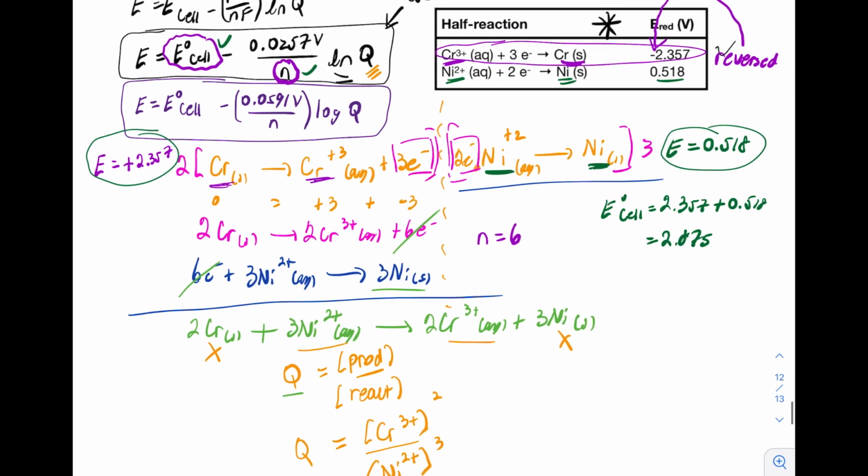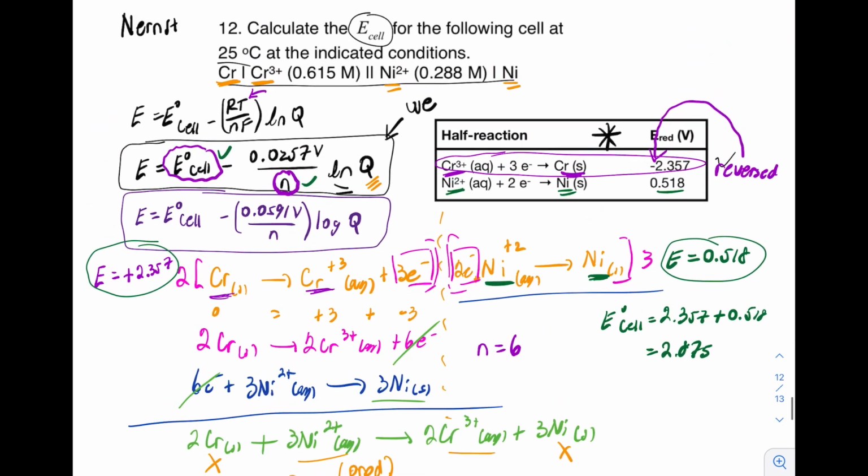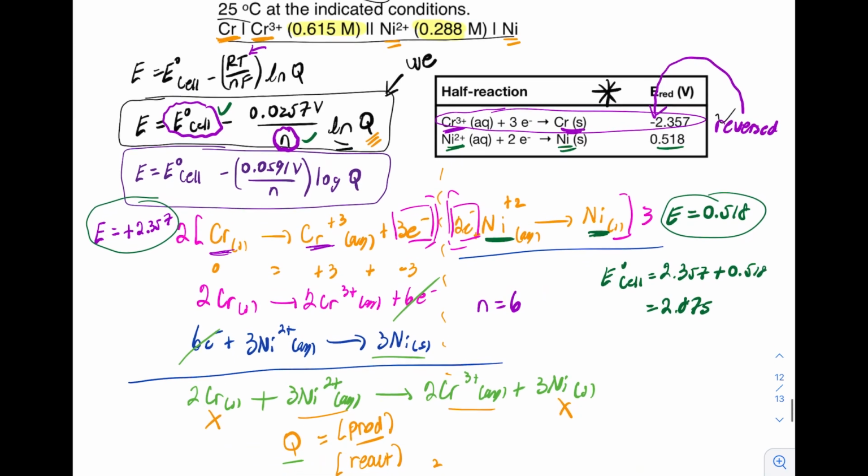Now, I need to scroll all the way up to the top to figure out what those concentrations are. I'll highlight this in, I don't know, yellow here. So the chromium 3 plus is going to have a concentration of 0.615, and the nickel 2 plus is going to be 0.288, all right? You got that?